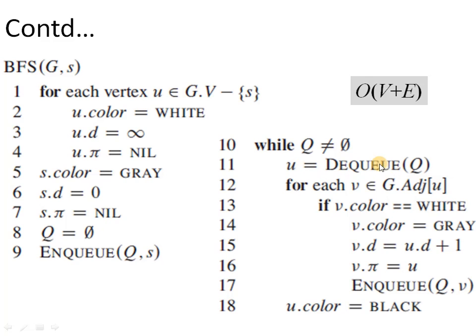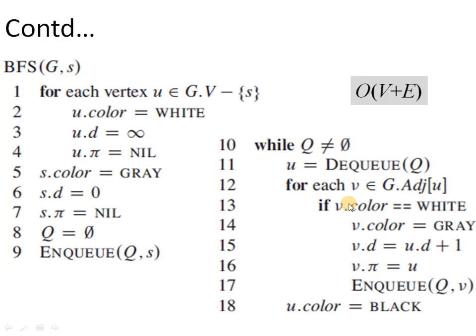So how many times can we DQ? Definitely it will be equal to the number of times we are NQing. That means it is bounded by the number of vertices in the graph. Then over all the executions of the for loop, we are only going to visit all the lists corresponding to all the vertices, and that too only once, not more than that.